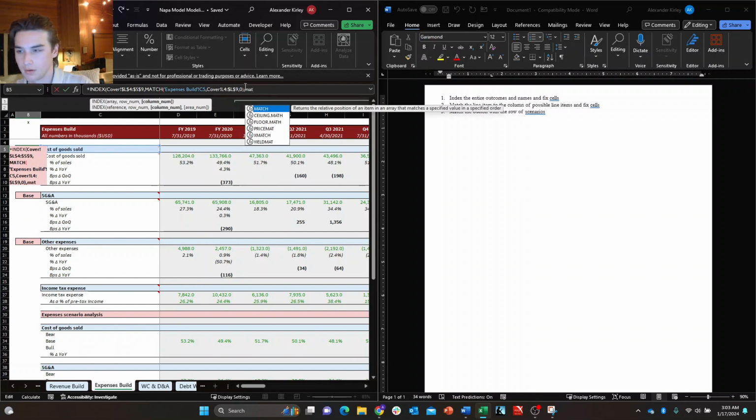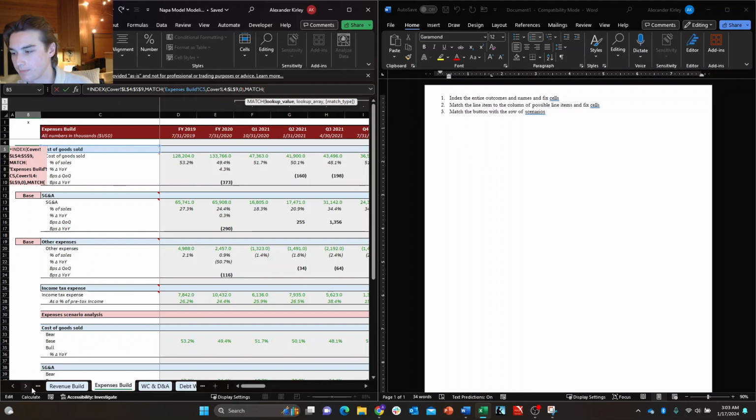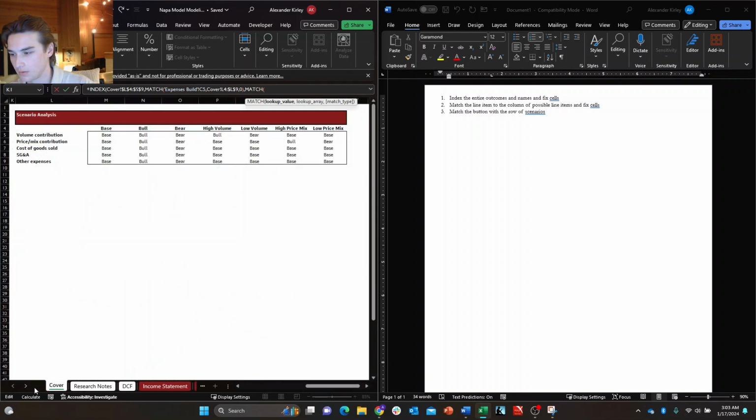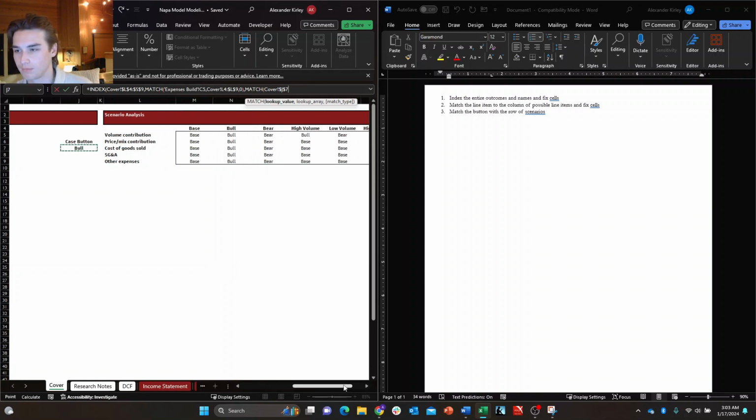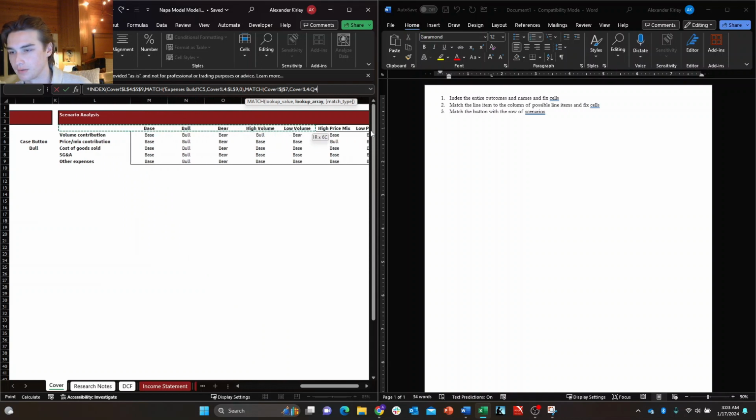Comma, second match, cover, match the button with the rows of scenarios. Here's the button, fix it, comma, the rows of scenarios.